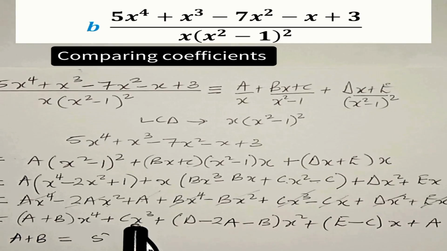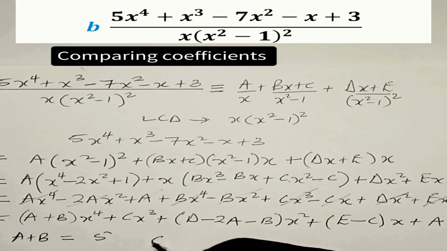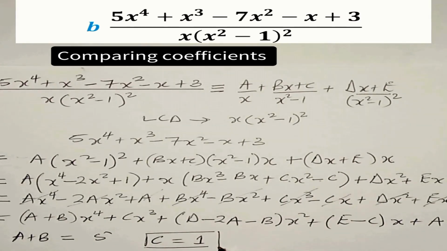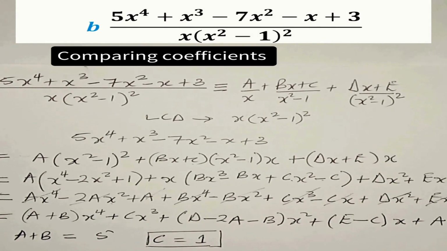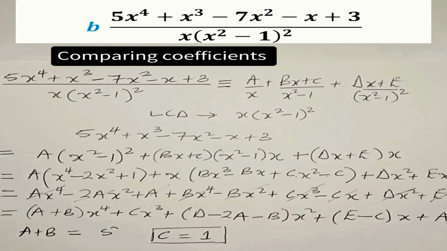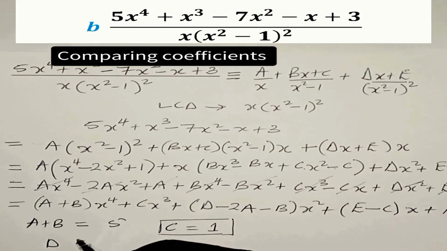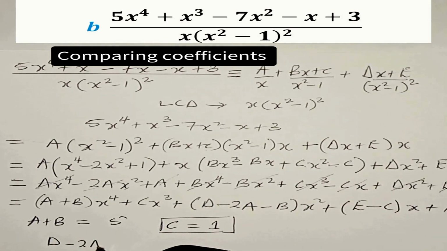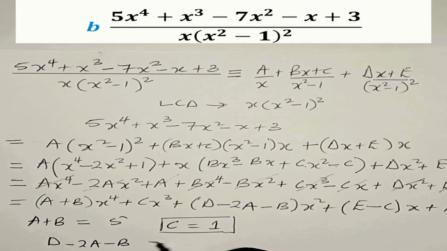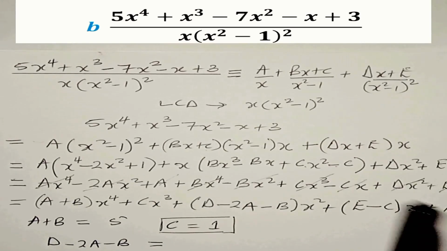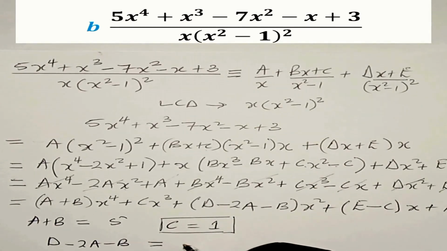And we move on to this term. We compare the coefficients. c is equal to 1. All right. So we have c is equal to 1. We have managed to find one of those constants. And then we have d minus 2a minus b, that is equal to minus 7. All right.